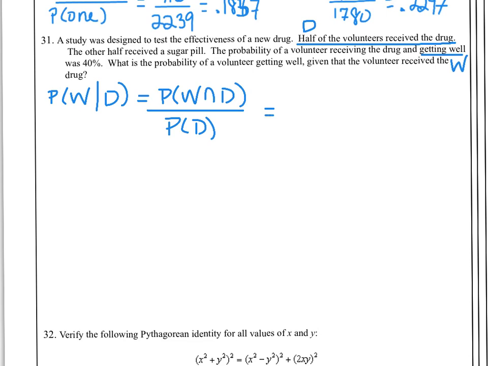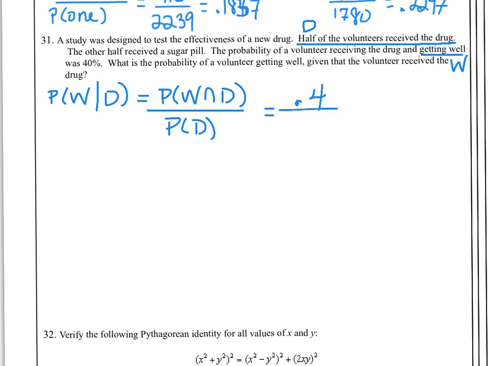So if you read the fourth sentence, it says the probability of a volunteer receiving the drug and getting well was 40%. So receiving the drug, which is D, and getting well, which is W, is 40%. Okay, so then that means that we can go right here and we can write 0.4.